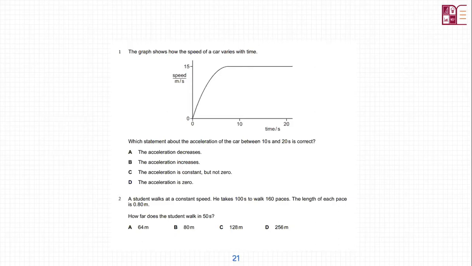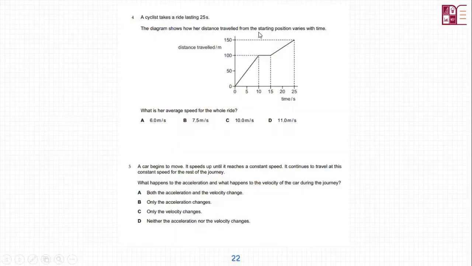So in 50 seconds, the student would be doing 80 paces, and if the length of one pace is 0.80, for 80 paces it would be 80 times 0.80 meter, and the answer would be 64 meters by the unitary method of calculation. Moving on to the next.